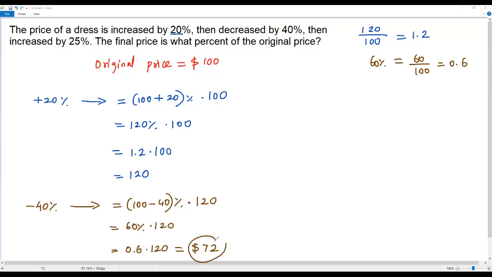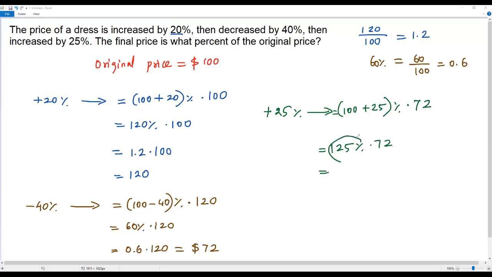Now this $72 has to be increased by 25%. Okay, now let's find the price after the $72 is increased by 25%. Since the price is increased by 25%, I have to add 25 to 100. So 100 plus 25% times this value 72, which is equal to 100 plus 25 will become 125% times 72.